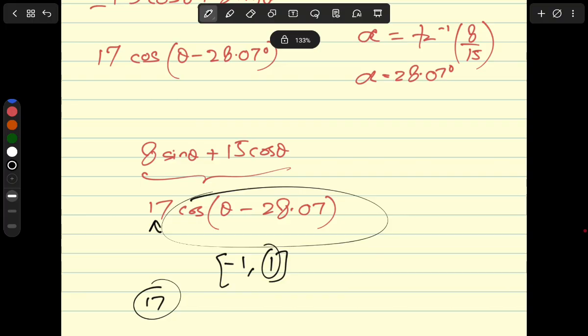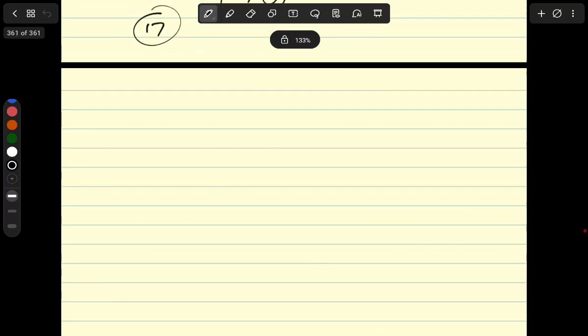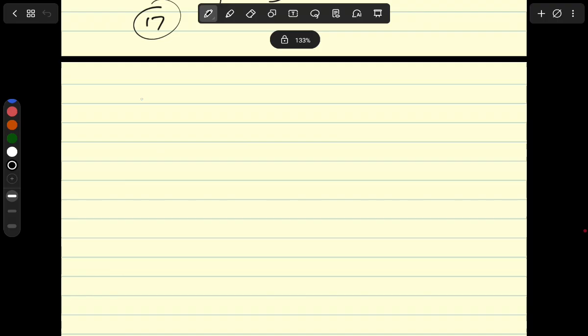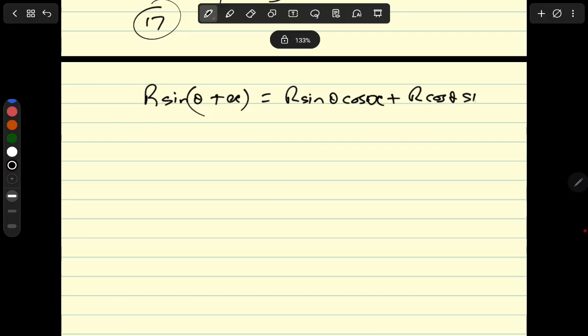Now let's introduce r sine. Okay, in this auxiliary angle form, if I have r sine(theta plus alpha), and if I expand it, this becomes r sine theta cos alpha plus r cos theta sine alpha, right?